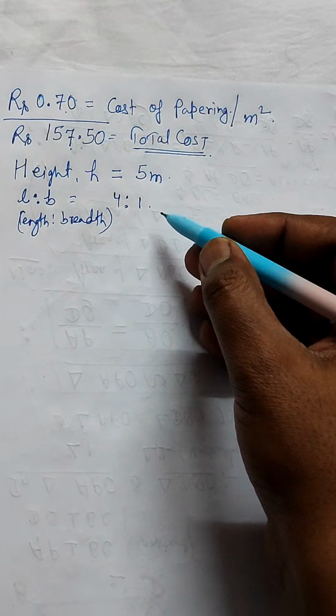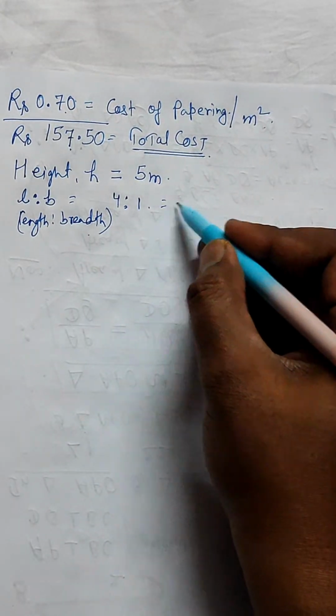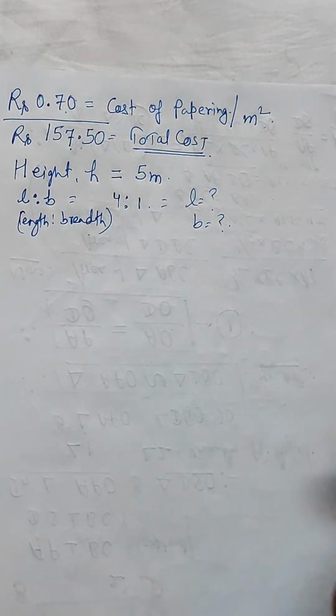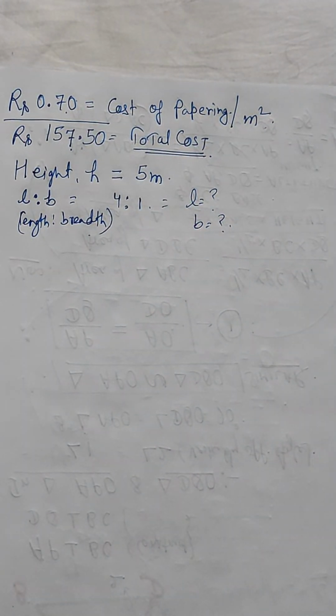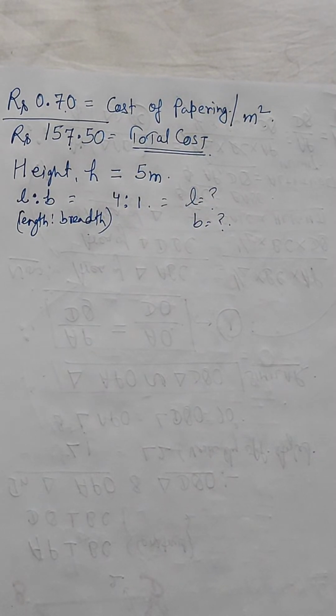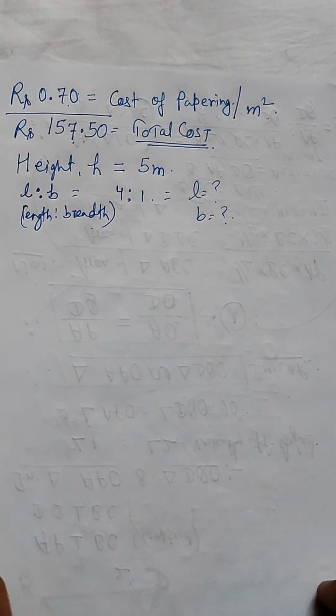So we need to find the length and breadth. L is what and B is what, where L is the length and B is the breadth, right? Now in this question, what we will do, let us see.